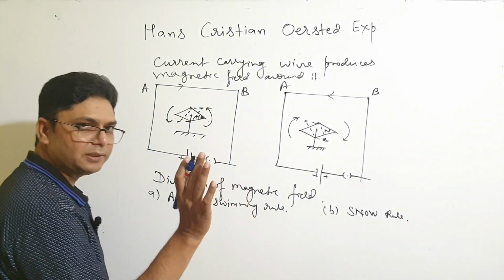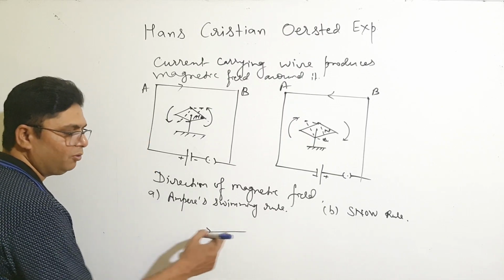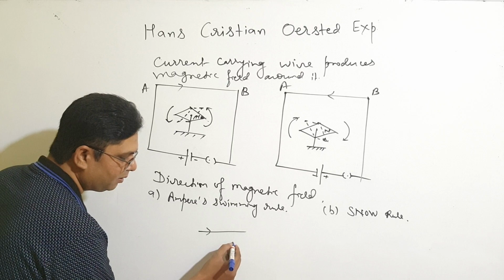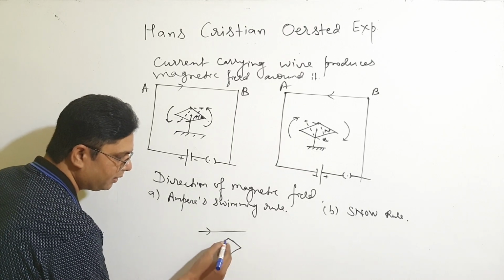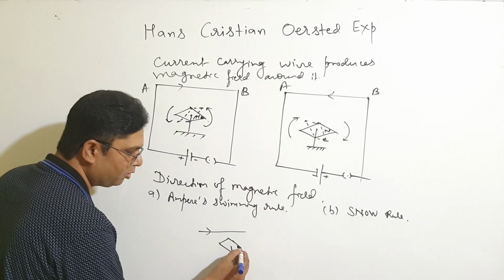Ampere's swimming rule says that if this is a wire and current is flowing from this end to this end of the wire, a magnetic compass is kept below the wire. This is the magnetic compass kept below the wire. This is the north of the compass.